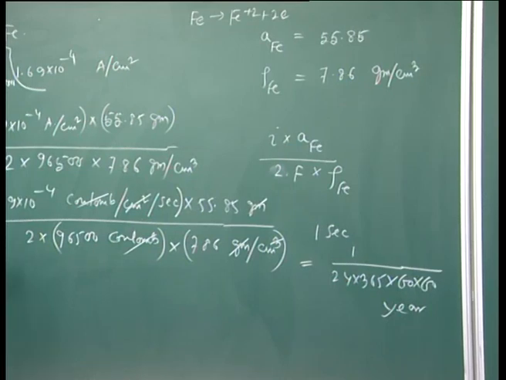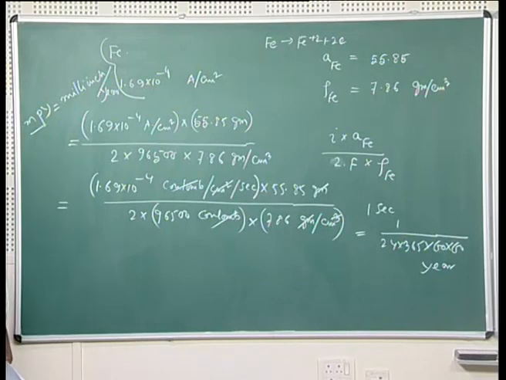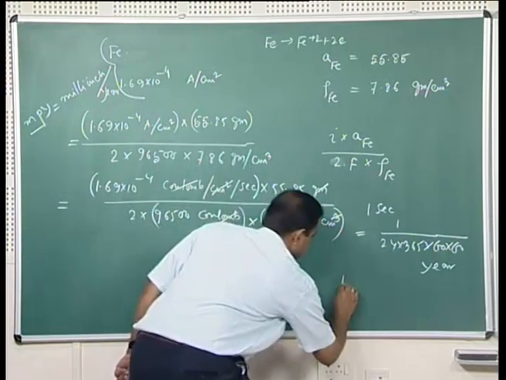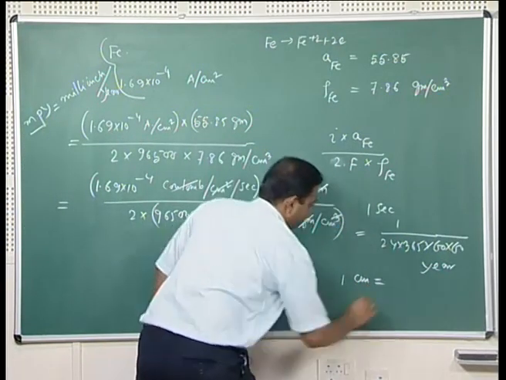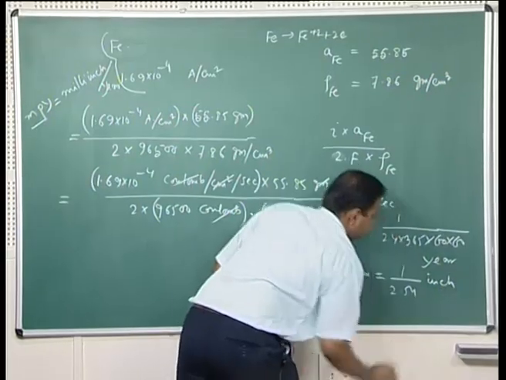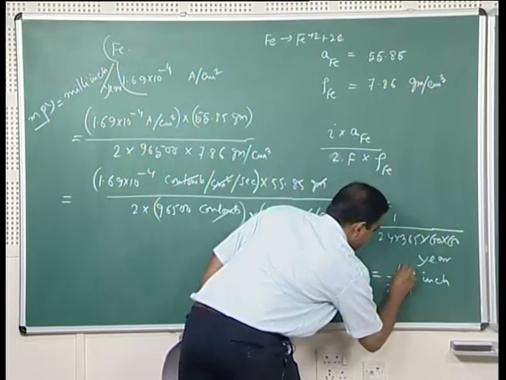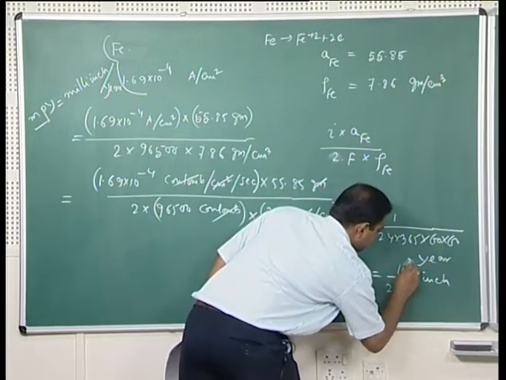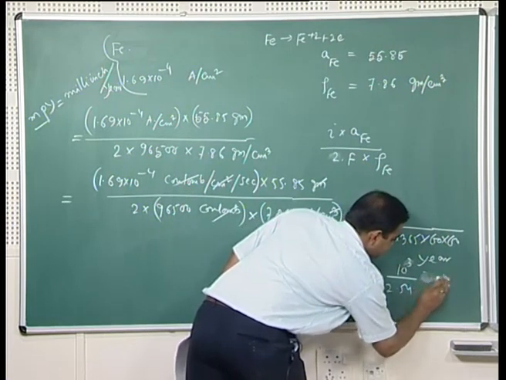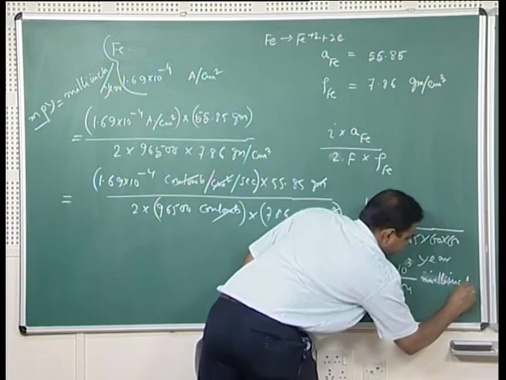Now, centimeter also you have to convert into milli-inch. So, 1 centimeter equals 1 by 2.54 inch. If you would like to convert it into milli-inch, it is 10 to the power 3 milli-inch.